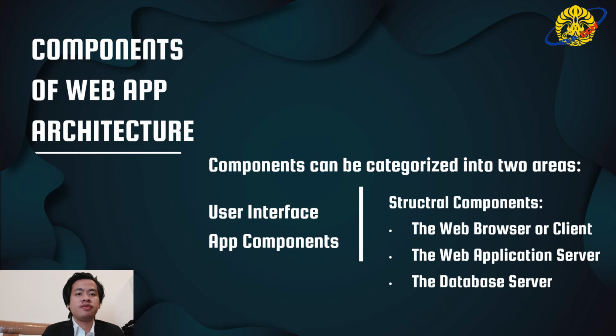They are not relevant to the structural development of the application and are more user interface or experience oriented. The second is the structural components, which are the real meat of the application development process. The first is the web browser or client, the second is the web application server, and the third is the database server.